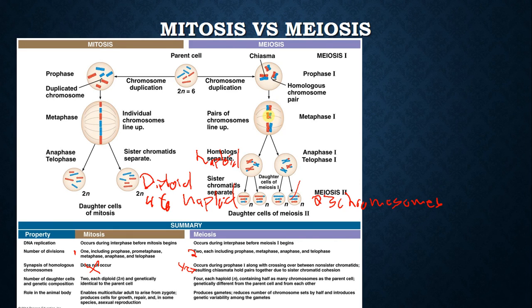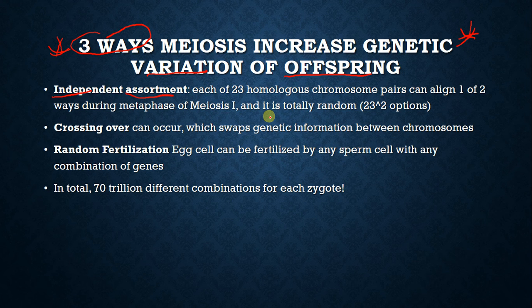At the same time, this red chromosome can be on this side or this side, totally random. Doesn't depend on what happened before. All the 1A, 2A, 3A don't line up on one side, all the 1B, 2B, 3B don't line up on the other side. It's completely random. That's why it's called independent assortment. And this results in 2 to the 23rd total different options of how they could line up. A lot of different variation.